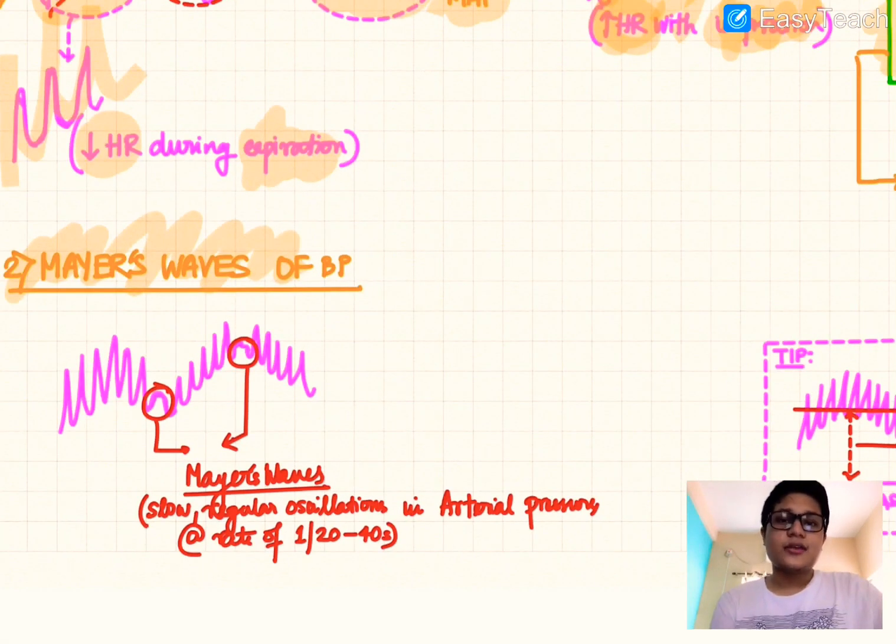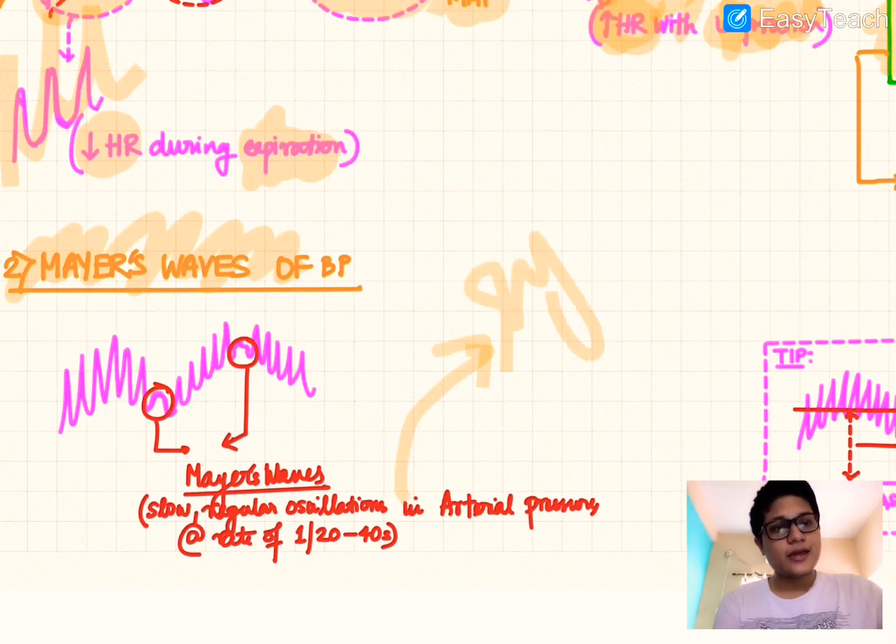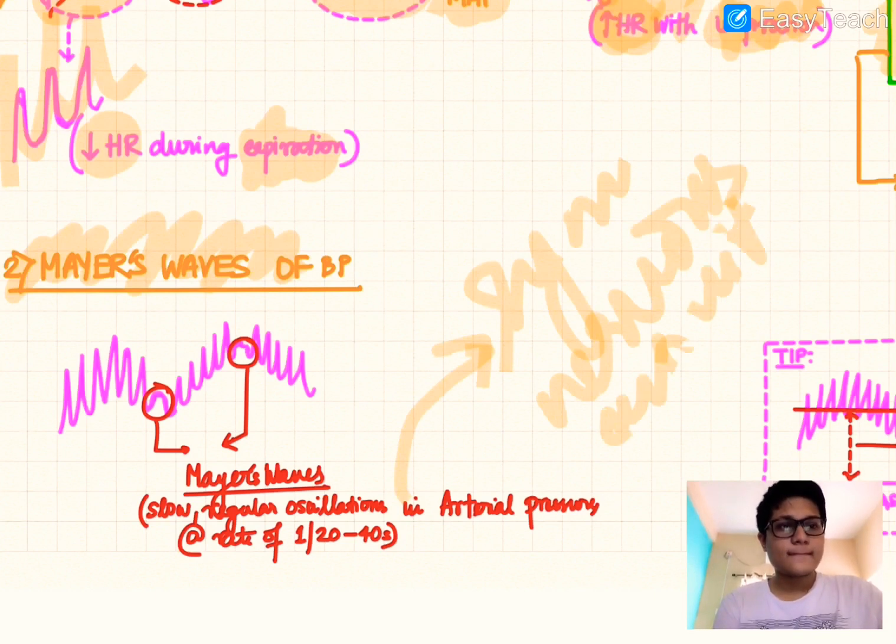These are small regular oscillations of arterial blood pressure which occur as a result of sympathetic nervous activity. Okay, and these occur at the rate of 1 every 20 to 40 seconds.